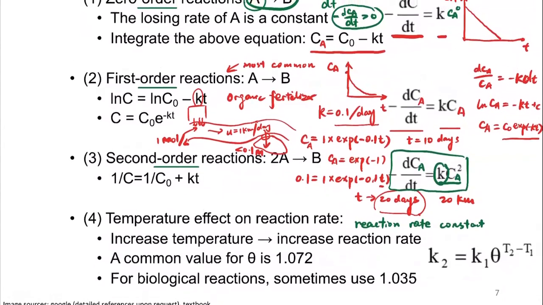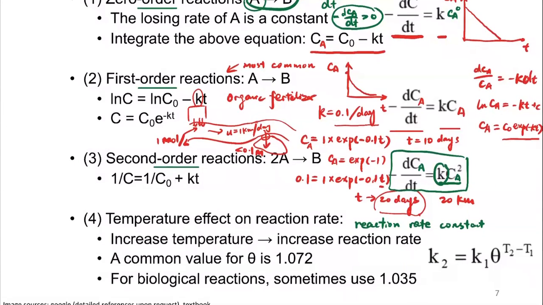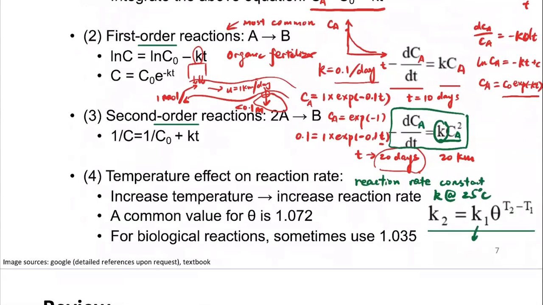But unfortunately, people cannot measure the reaction rate at any temperature. So what people do is they measure one value, let's say a k value at 25 Celsius. All the other temperatures are going to be interpolated from an equation that looks like this. Here, you can think of k1 as the k at 25 Celsius, and T1 is 25 Celsius.